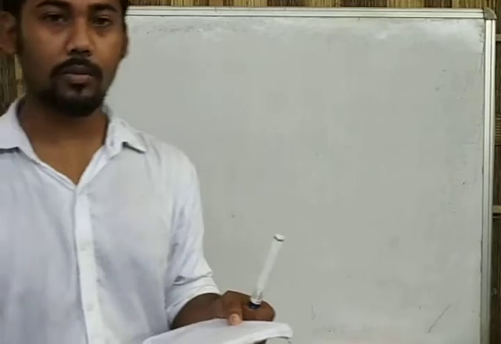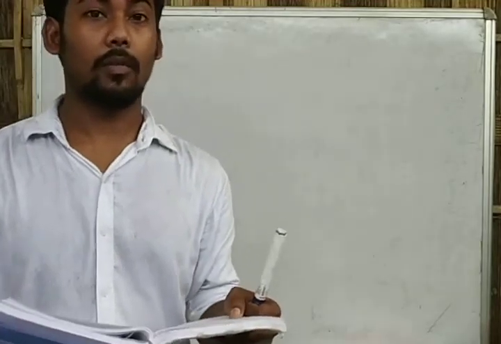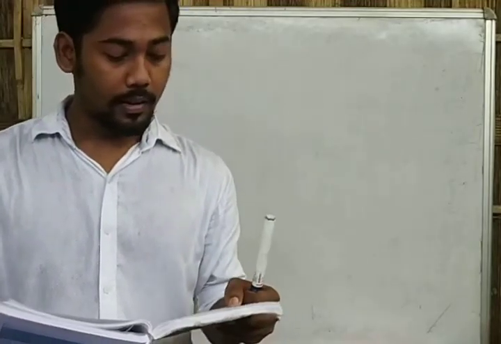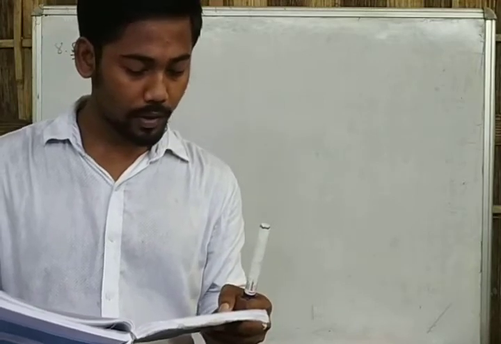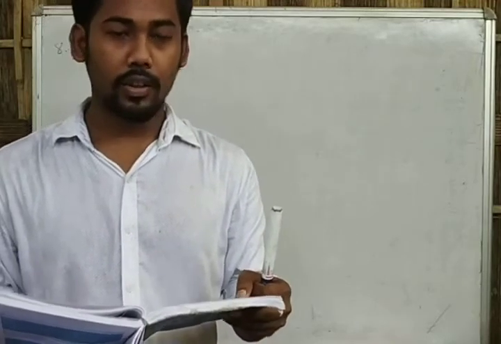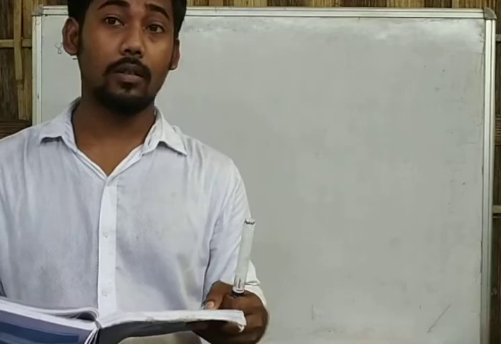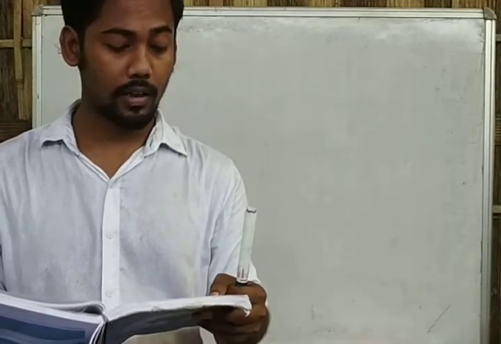It is the converse of the midpoint theorem. We need to prove that a line joining the midpoints of two sides of a triangle is parallel to the third side.